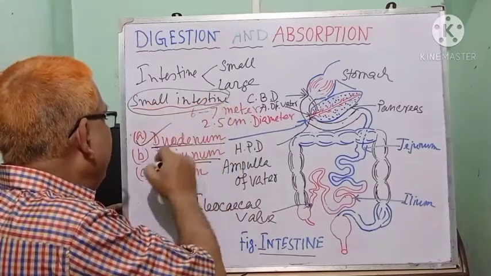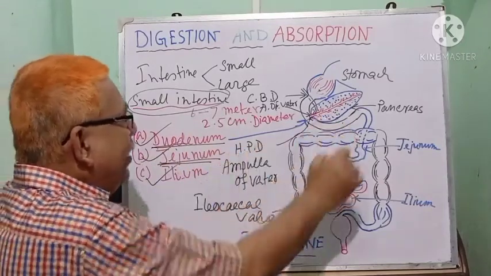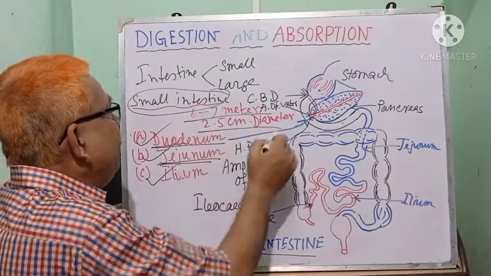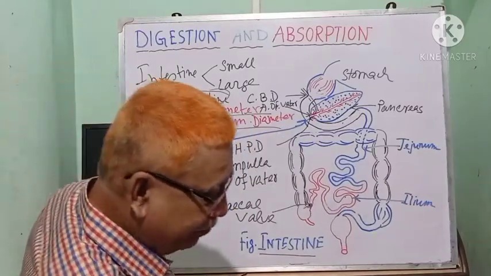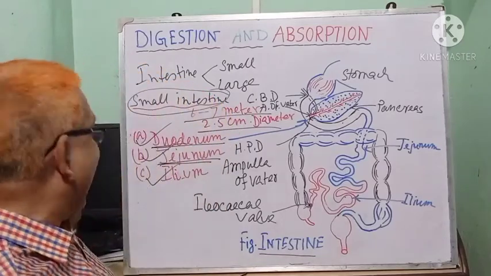Okay, so this is all about the small intestine. It is divided into duodenum, jejunum, ileum. The small intestine is about 6 to 7 meters in length and 2.5 centimeters in diameter. And next, the large intestine.